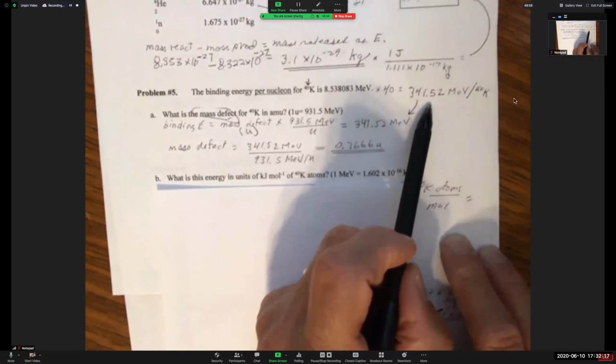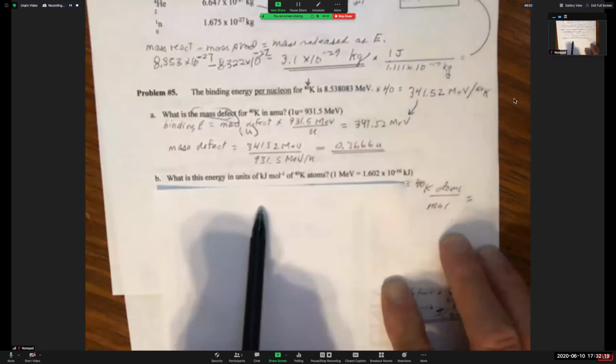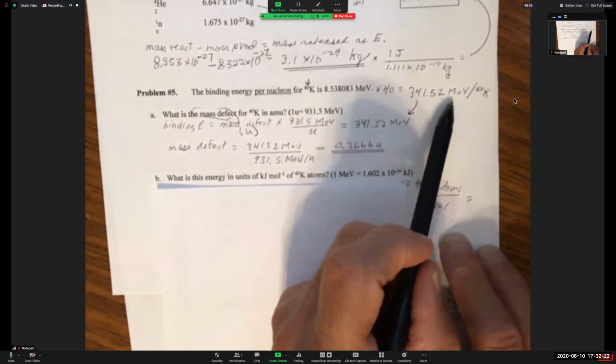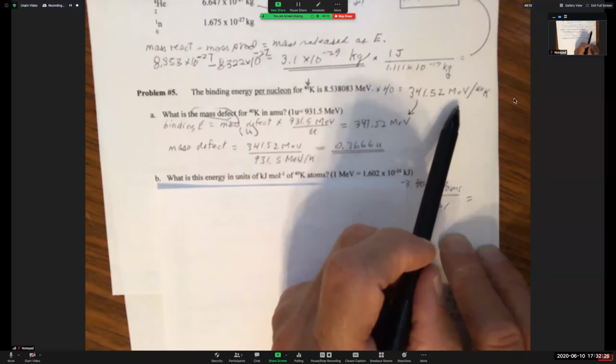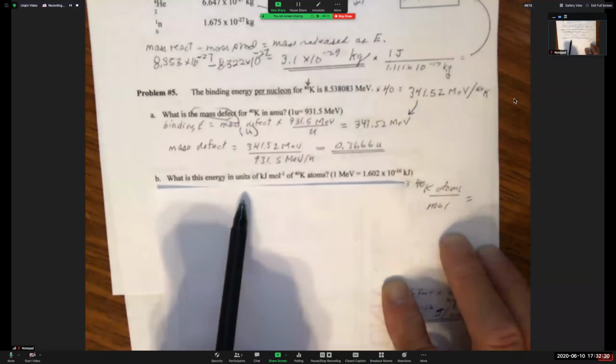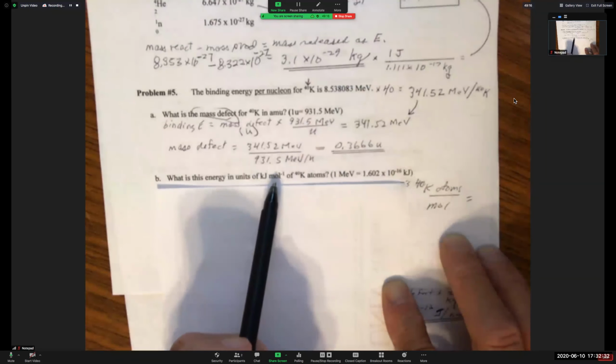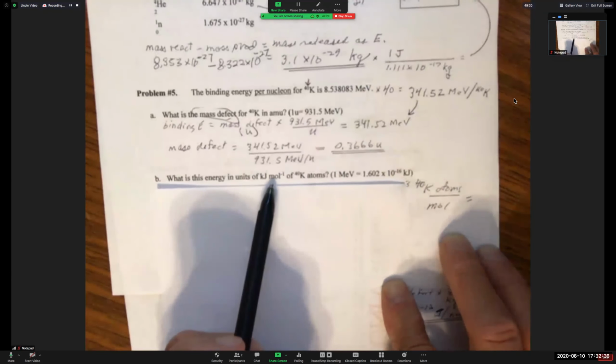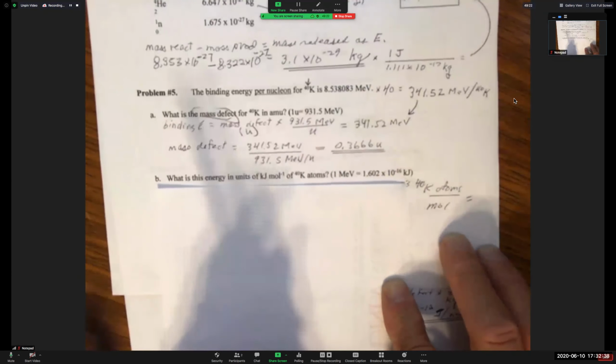But this question is about kilojoules, so we need to convert million electron volts into kilojoules. That gives us kilojoules per atom. But then the question asks how many kilojoules are there in a mole. I've been talking about how tremendous a big number that is, so let's see what it is.